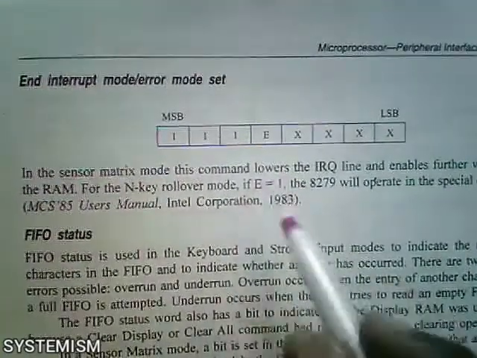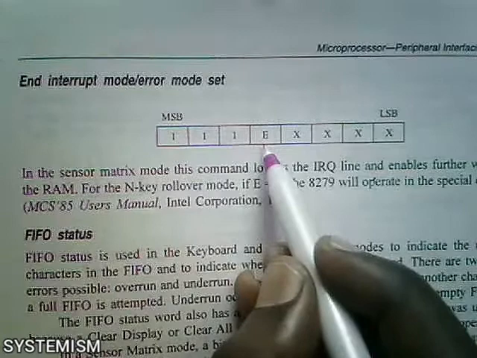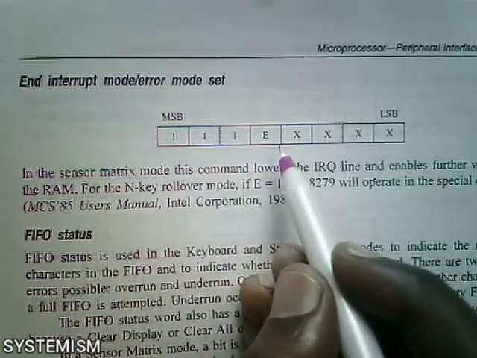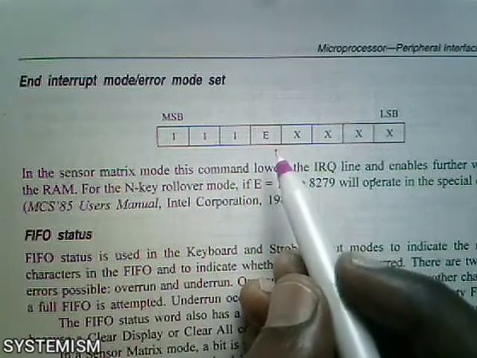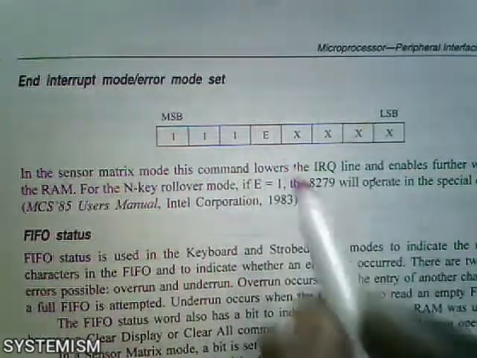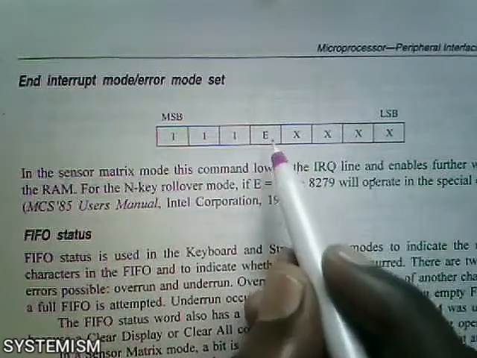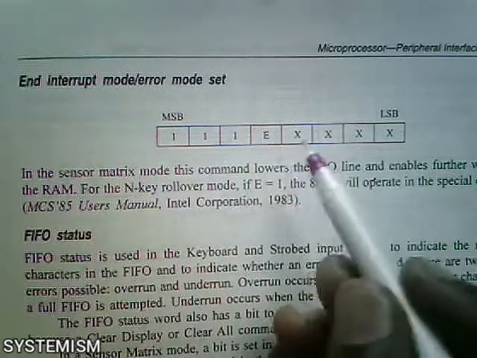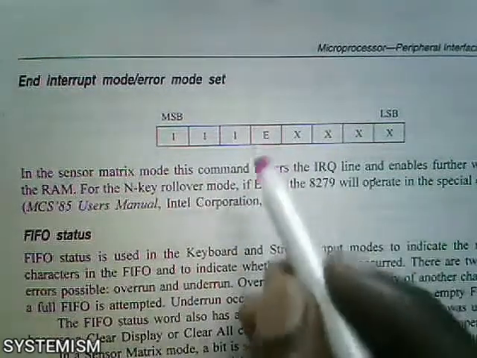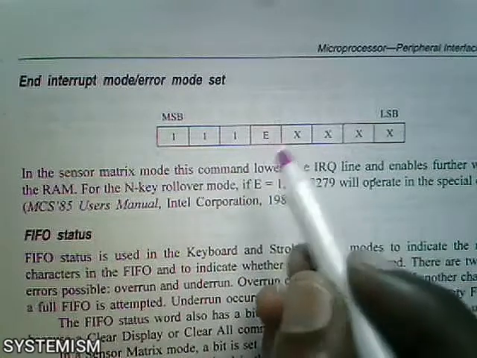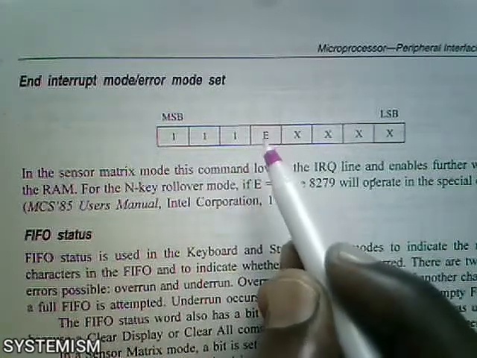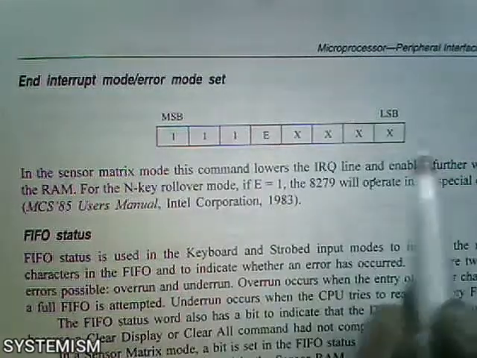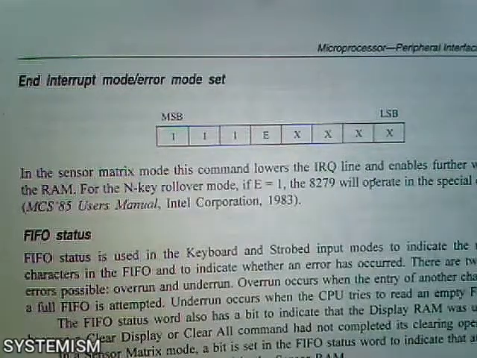In this you need to explain only this E. If you put 1 in this bit, then in your n key rollover mode you are taking the 8279 to a special error mode. So that's all. These are the 8 command words of your 8279.